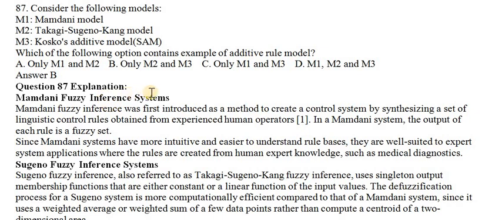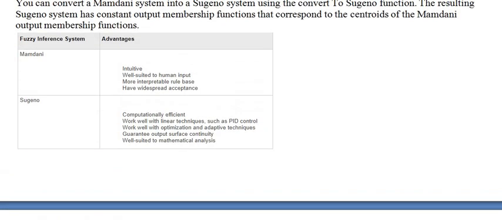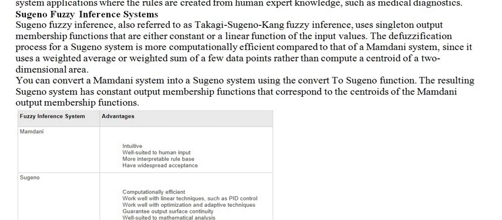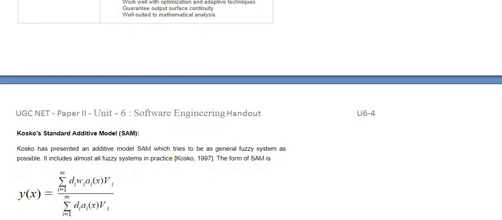And the rest, M2 and M3, are Takagi Sugeno fuzzy inference systems, so it comes under the additive rule model, and the pure additive rule model is the third one, M3, the Kosko standard additive model.